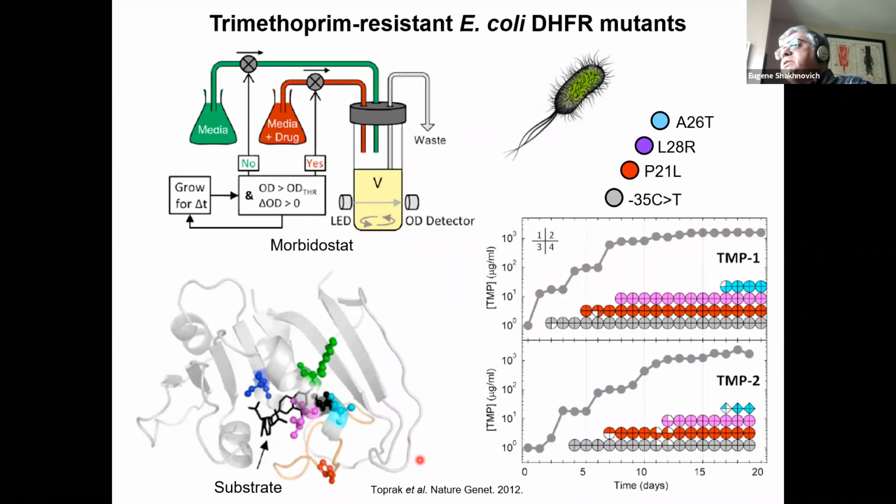Then they sequenced the folA gene, which encodes DHFR, and asked what mutations arise in response to trimethoprim treatment in this continuous morbidostat evolution. They outlined a series of mutants in the folA gene, in the open reading frame and in the promoter, which constituted steps towards resistance, and they were outlined in this paper.